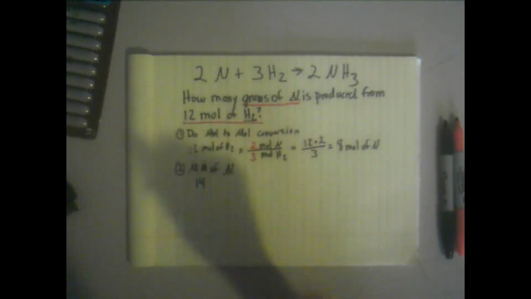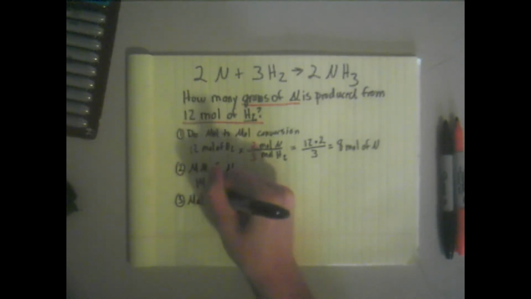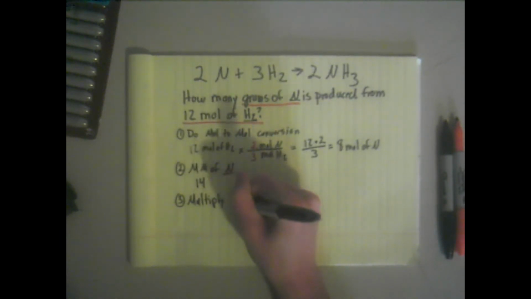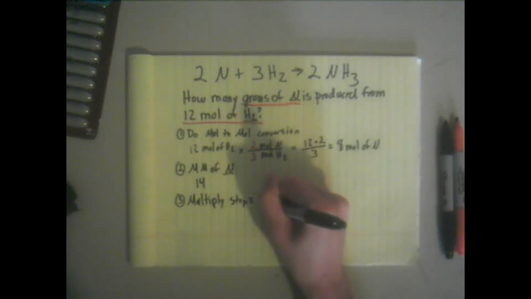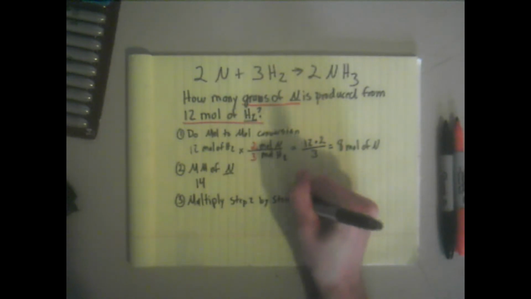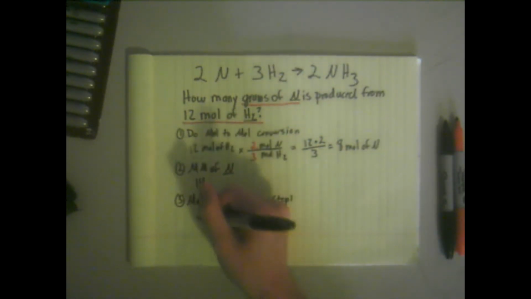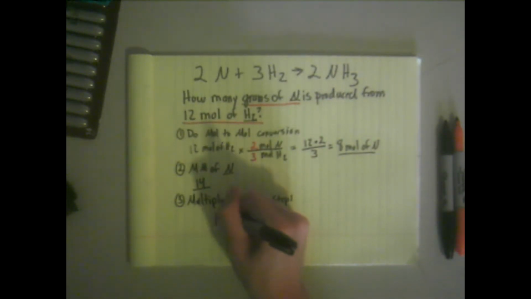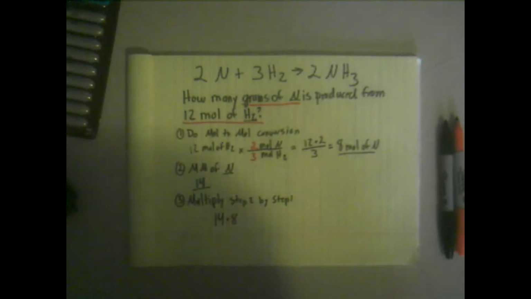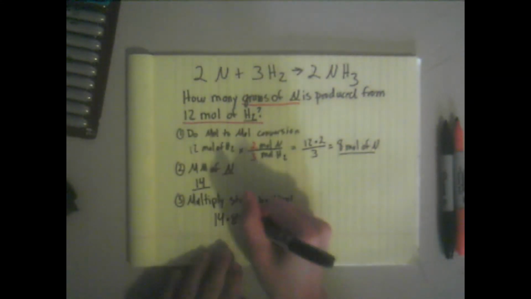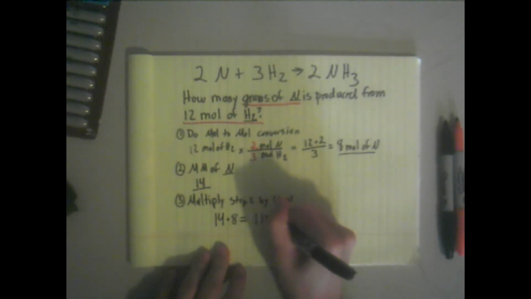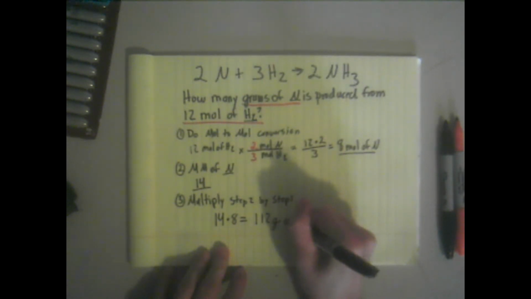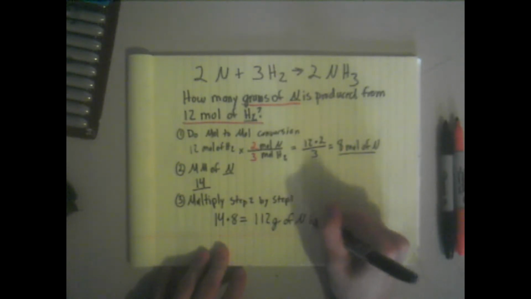So now we know the molar mass of 14. Now step 3 is multiplying step 2 by step 1. So you do 14 times 8. If you do 14 times 8, you should get about 112 grams of nitrogen is produced.